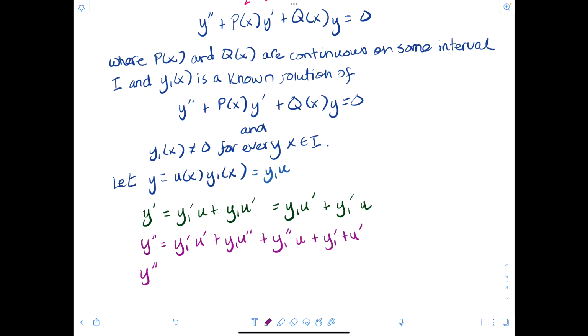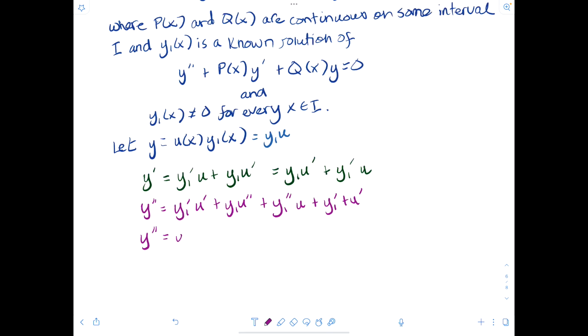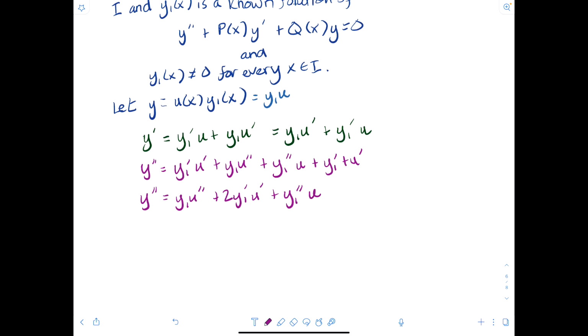Simplifying that one, we'll have y1 times u double prime plus 2 of these y1 primes u primes, and then y1 double prime times u. Good so far?